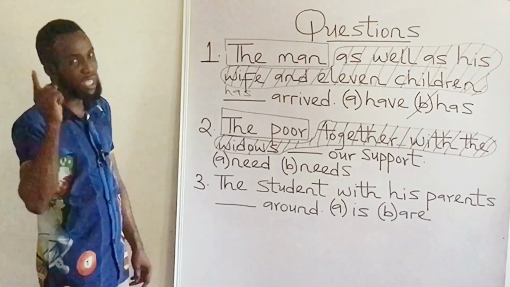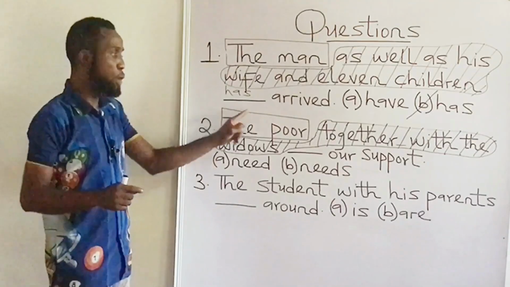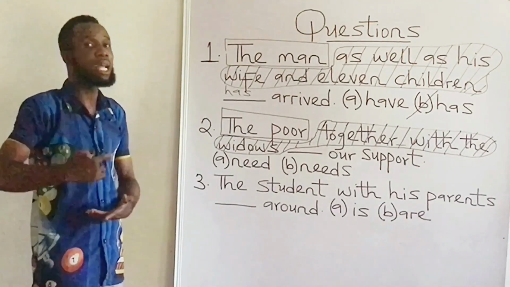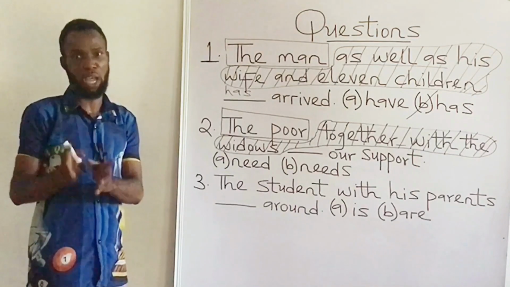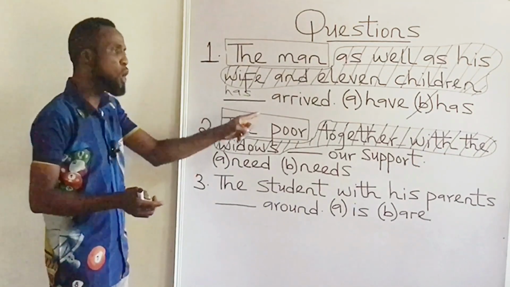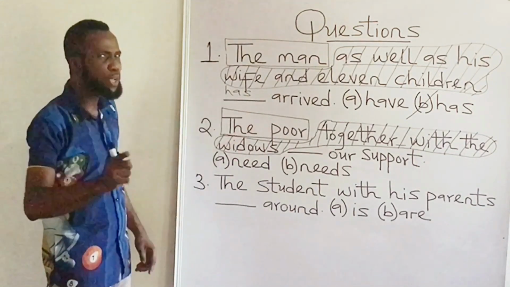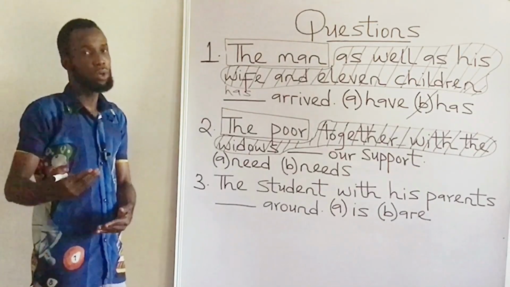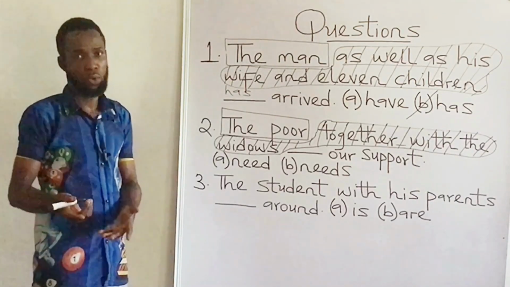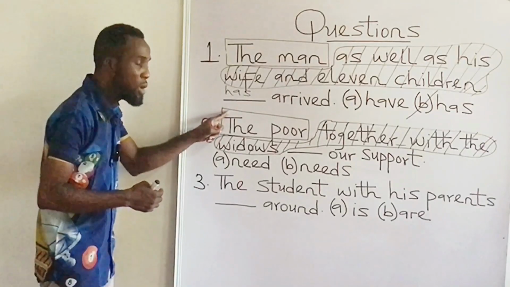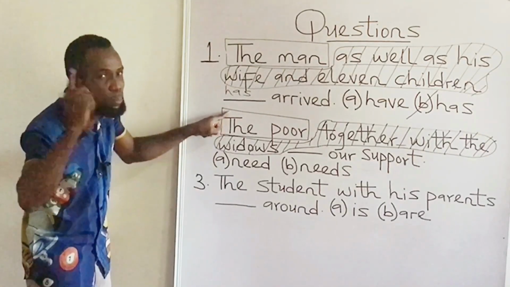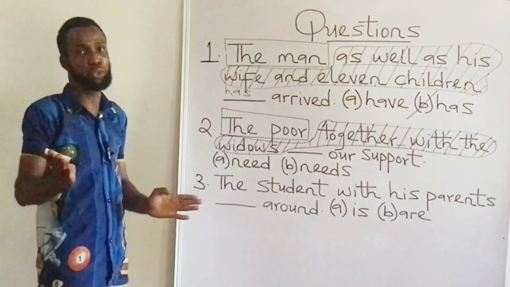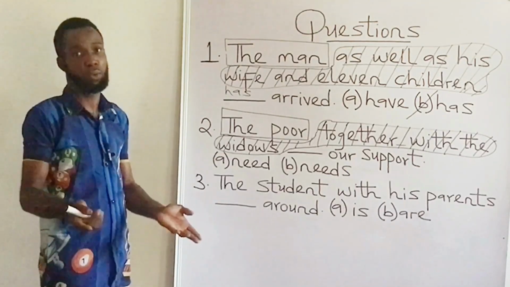In case you didn't know, the poor refers to all persons that are poor, a category of persons that are poor. So the poor does not refer to one. It refers to more than one. In other words, the poor is a plural subject here, because it refers to all persons that are poor.